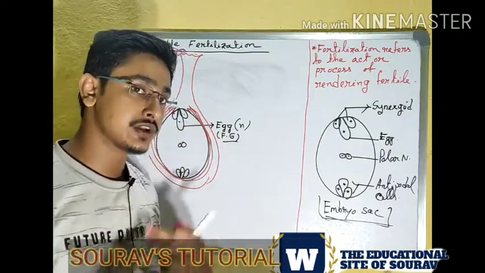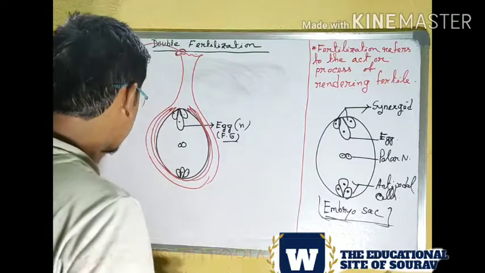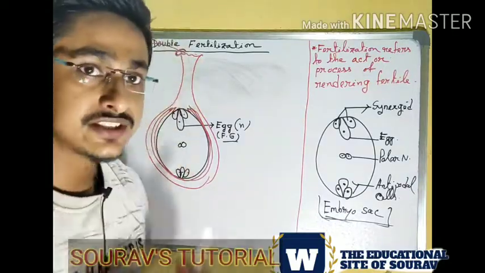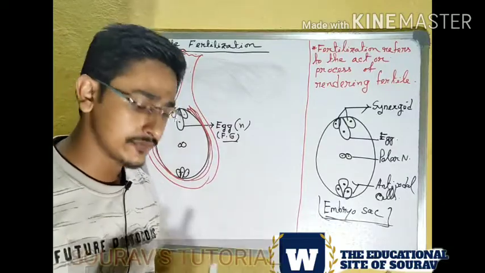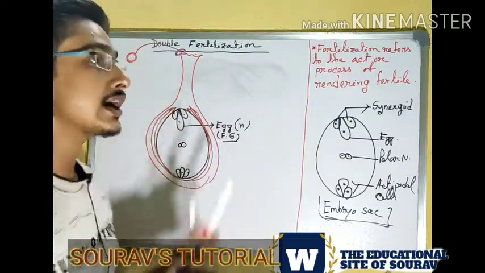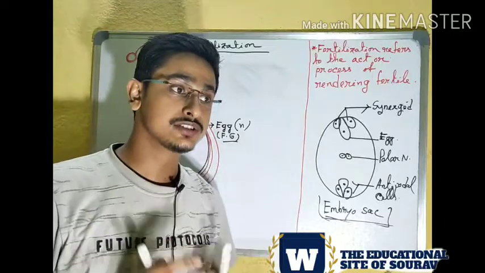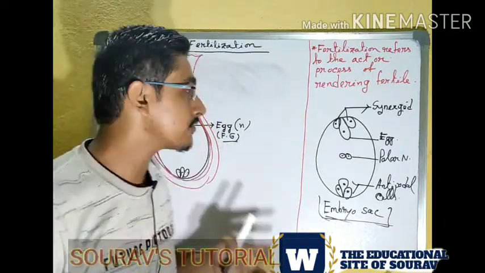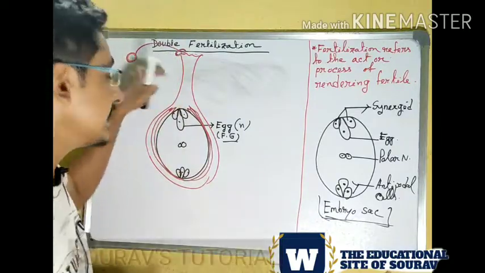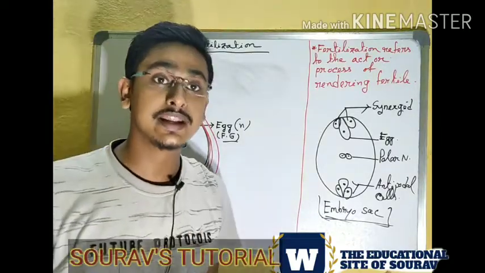I already discussed what pollination is. So by pollination, one pollen is transferred onto the stigma. Then, when the environmental conditions are suitable for this pollen, the pollen will germinate.